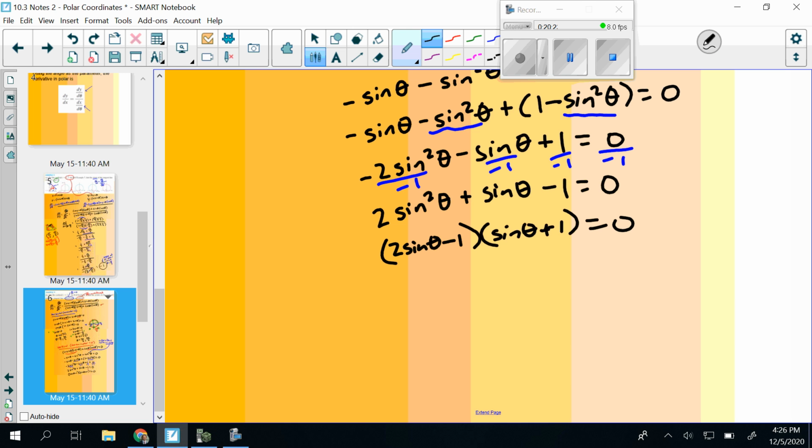So same thing now, two things are being multiplied to equal 0. Let's put them both equal to 0 and solve them. And so if we solve this one, we get that sine theta, we add 1, divide by 2, is going to be equal to a half. So where's sine equal to a half? Again, you can do inverse to solve that, or use the right triangles with unit circle. But that should come out that it's 30 degrees if you do the inverse, which is the same as pi over 6.